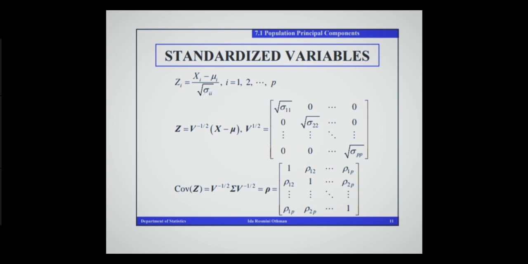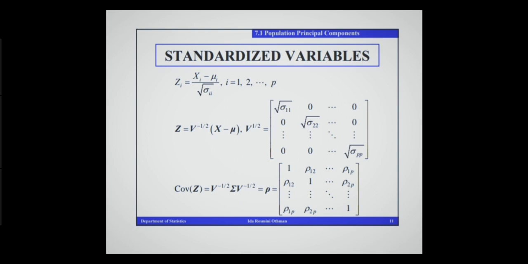The method is the same as before. You need to find the eigenvalues and eigenvectors, and the way to find the principal component is y_i equals the transpose of the eigenvector multiplied by x, the variable.